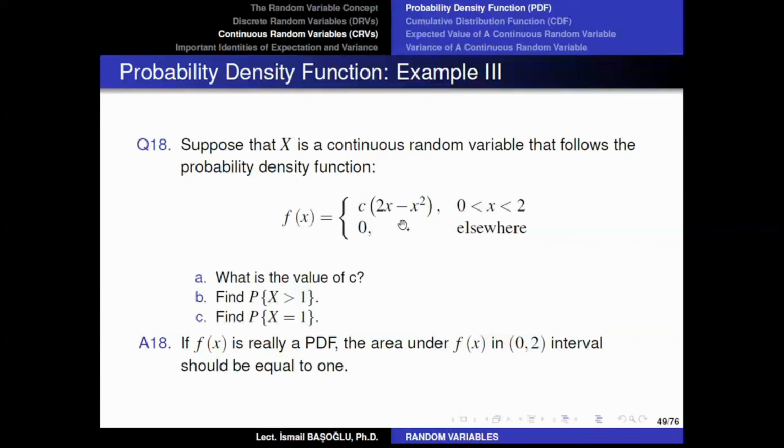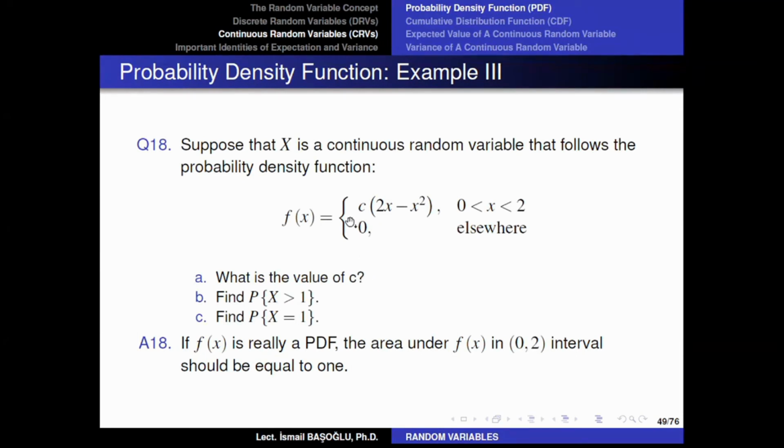So you see the PDF is defined. However, there is an unknown value c here. So the PDF is defined as a function of x, but there is an unknown value c here. How do I calculate c, my friends? Again, we are going to use a similar analogy that we have learned from probability mass functions.